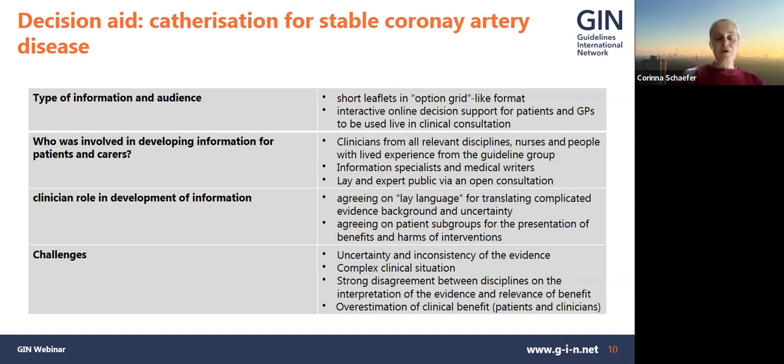And all the other trials just compared one of these two procedures with optimal medical treatment. So we had a lot of indirect comparisons, which weren't clear at all. The benefits generally were very small.